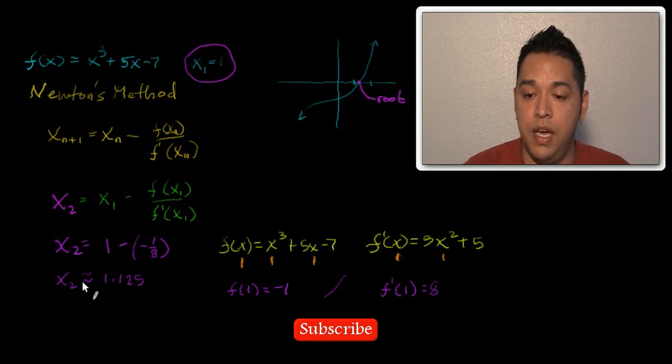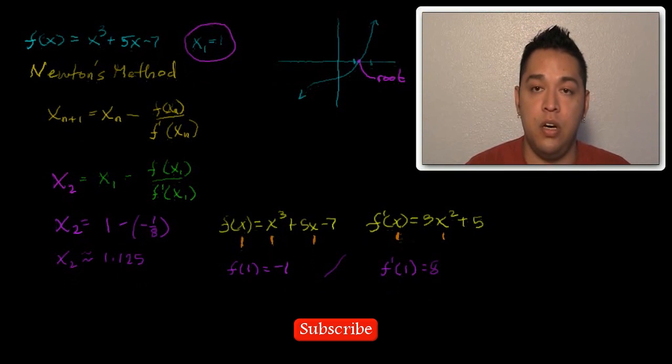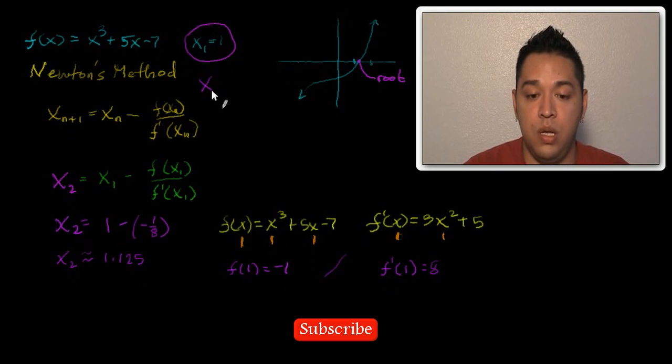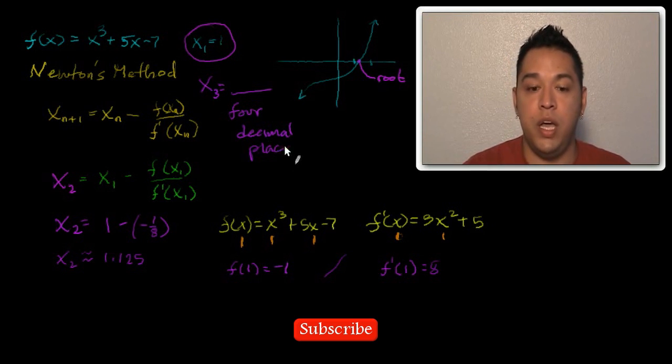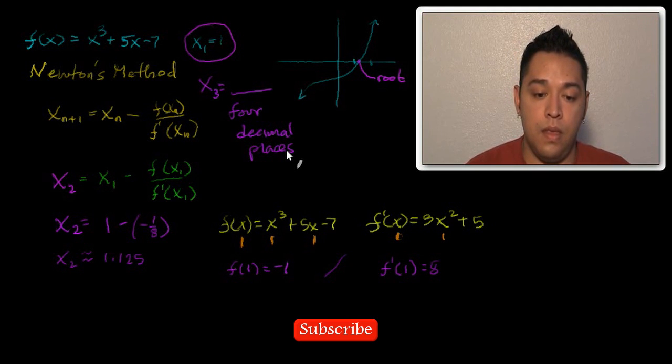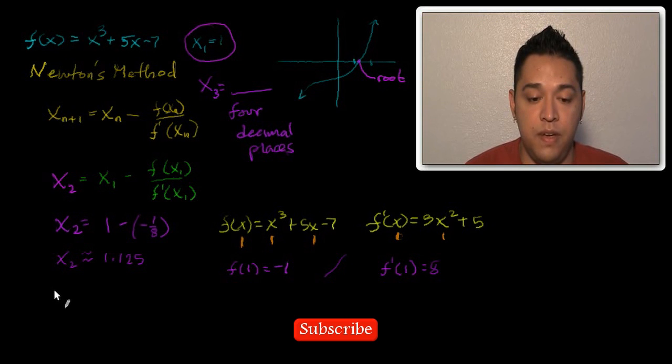Now, what do we do with that? Well, for this particular example, I want to find x of 3, and I want to round to 4 decimal places. So I'm going to use the equation one more time and rewrite it, but now instead of having a 2 on the outside, I'll have a 3.